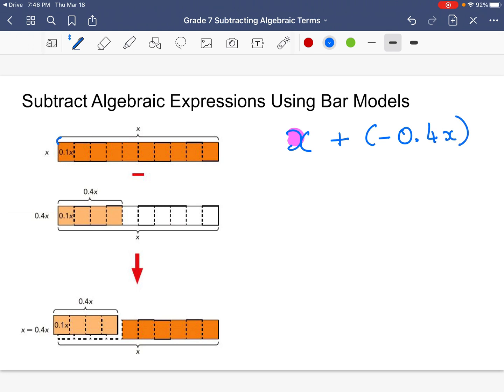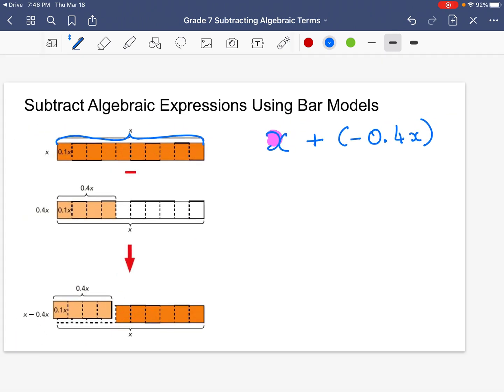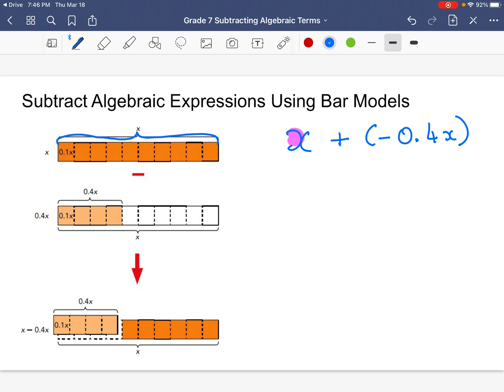We can see that the bracket here means that this bar model represents x, and each of the sections within it represents 0.1x. Each one of these is 0.1x. So here we see 0.4x. So if we cut that out from x, we're left with 0.6x.